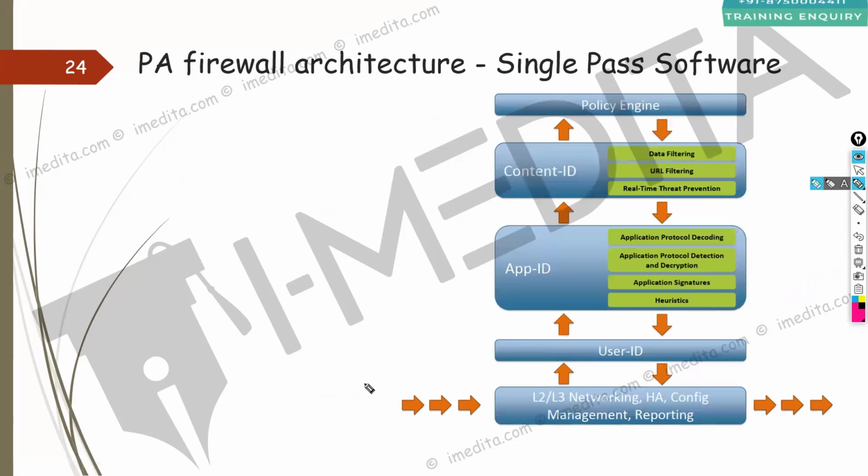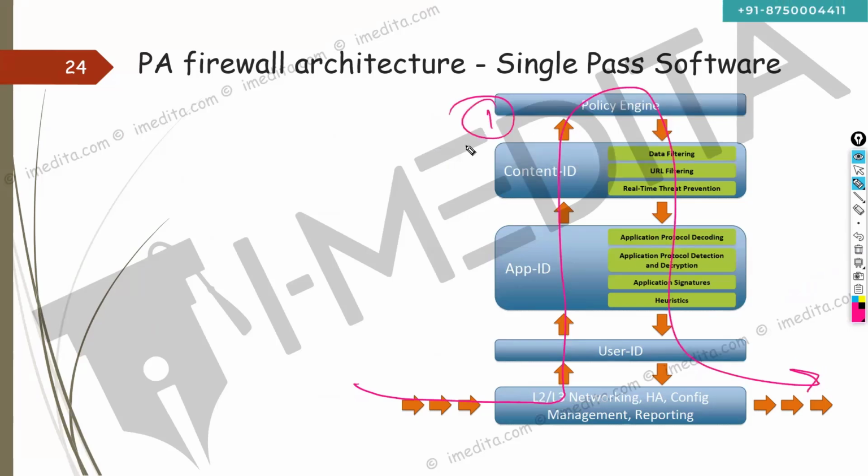Palo Alto says that whenever a packet enters our firewall, in one policy with the help of single pass, we will identify user, application, and content, and then we will forward the packet. So how many times are we processing? One time we are processing the packet.